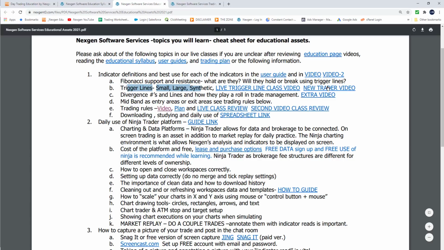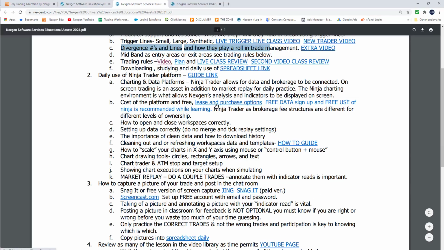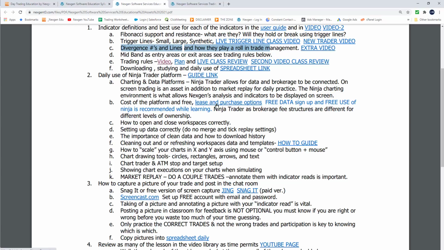If you're a new trader, if you want more divergence work, trading plan rules, videos, class reviews, or spreadsheet links. If you're getting NinjaTrader and you want a link to lease and purchase options, or how to clean out your workspaces, data and templates, here's a how-to guide.